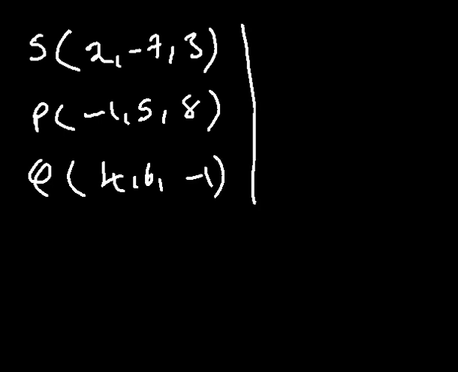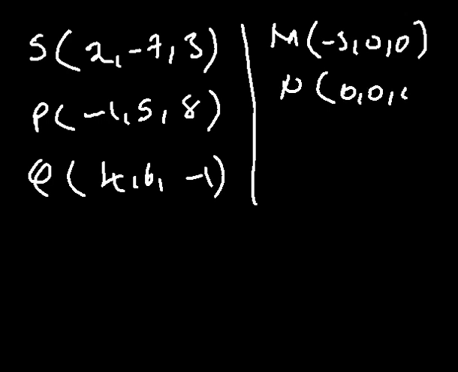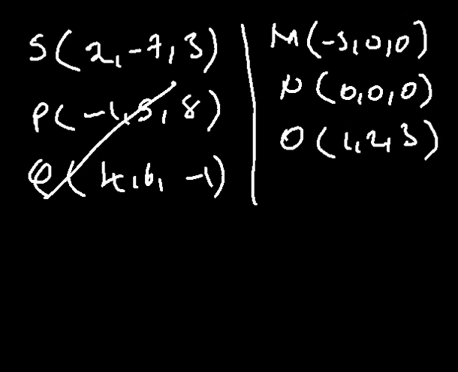And I also try a triangle MNO, where M has the coordinates of, let's say, negative 3, 0, 0, and N has coordinates 0, 0, 0, and O has coordinates 1, 2, 3. So determine if these vertices correspond to a right-angled triangle or not.